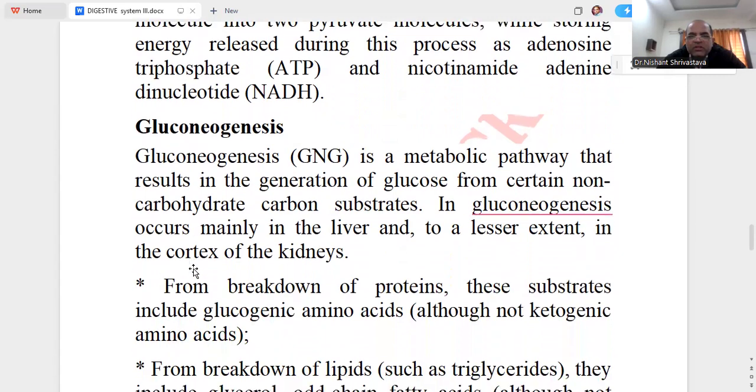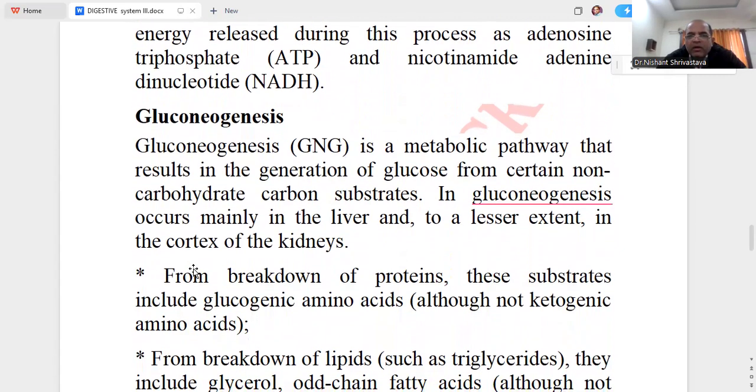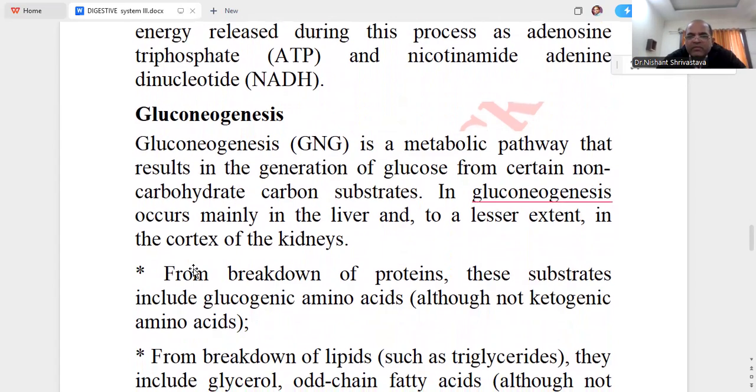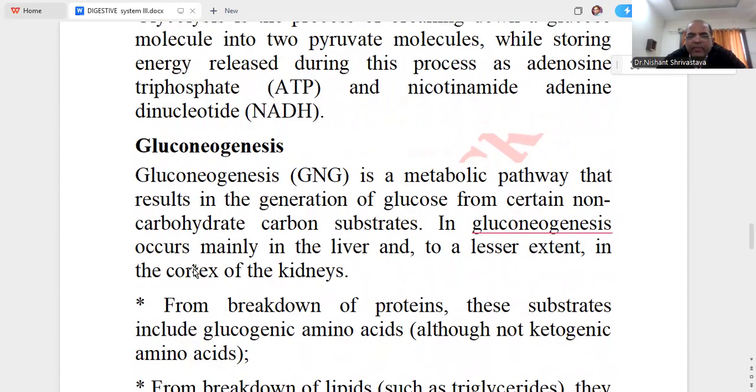Then the next process is gluconeogenesis. Gluconeogenesis means glucose, neo means new, and genesis means new formation. So it is a metabolic pathway that results in the generation of glucose from certain non-carbohydrate carbon substrates.